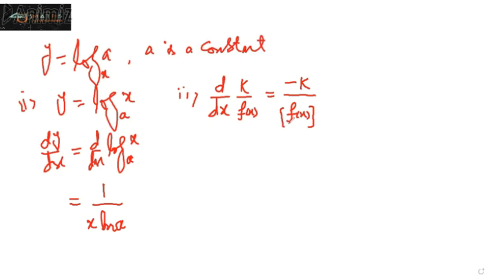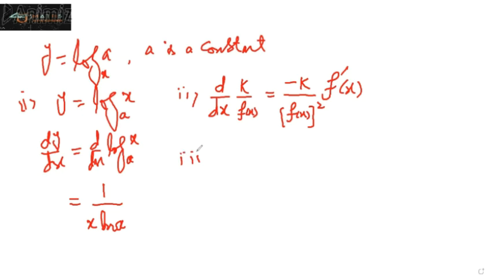After this, we will find the derivative of the function involved in the denominator, that is f prime of x. And this rule is called the reciprocal rule of derivative.